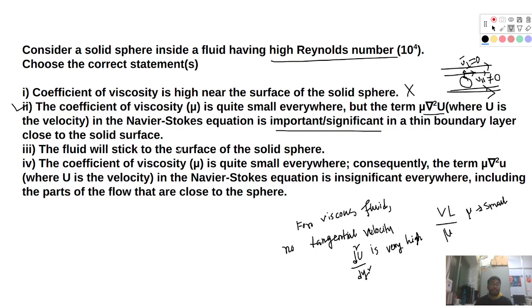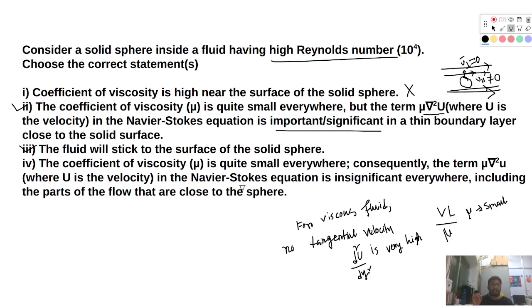Now, the fluid will stick to the surface of the solid sphere. Again, this is a viscous fluid, so there should be sticking, right? So this is also correct. Now, it is not an inviscid fluid, correct? Because the Re is very high, the viscosity is very small, but that should not mean that viscosity is not there.